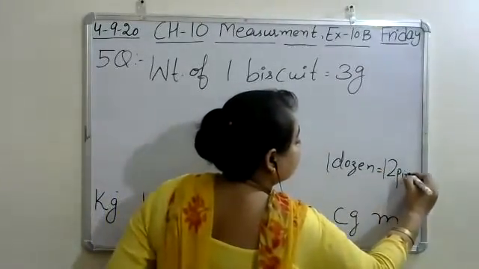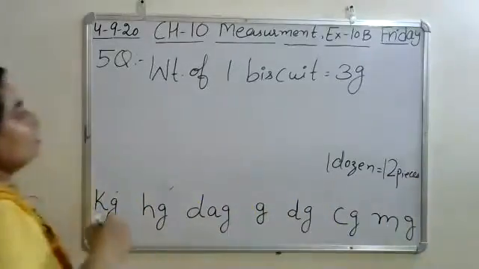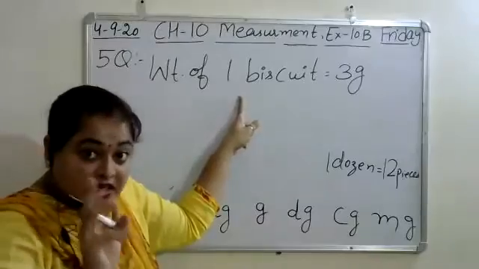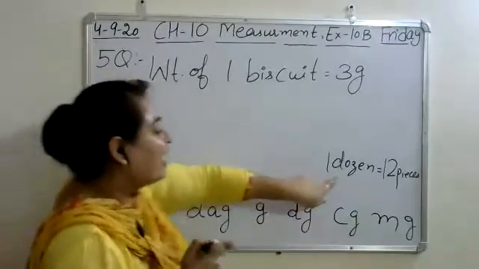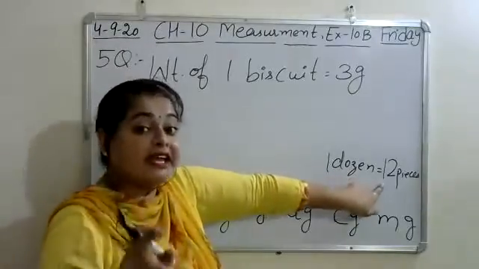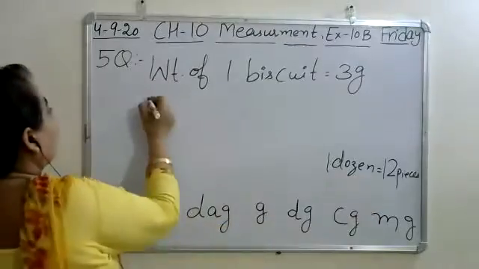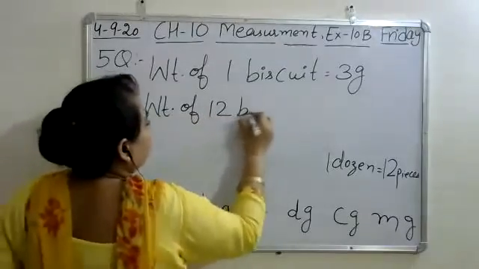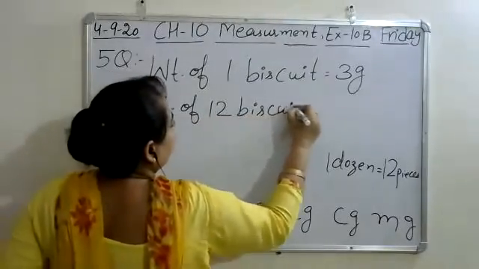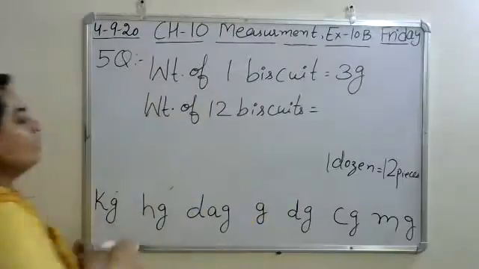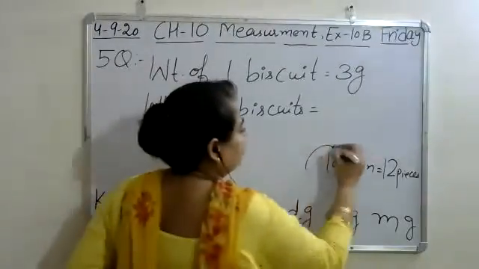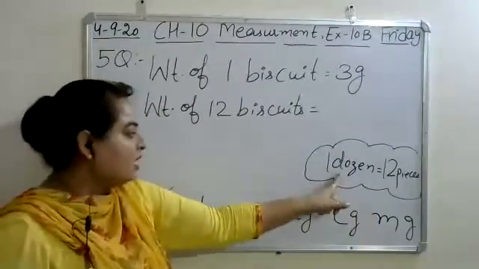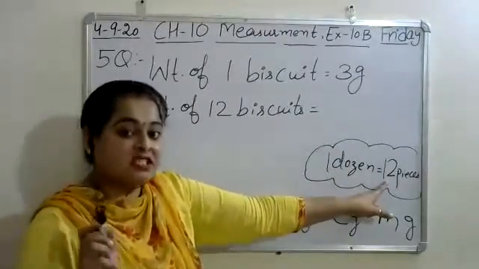So you will not write here 1 dozen. In place of 1 dozen, you will write 12. So weight of 12 biscuits is equal to, this thing is important, 1 dozen is equal to 12 pieces.